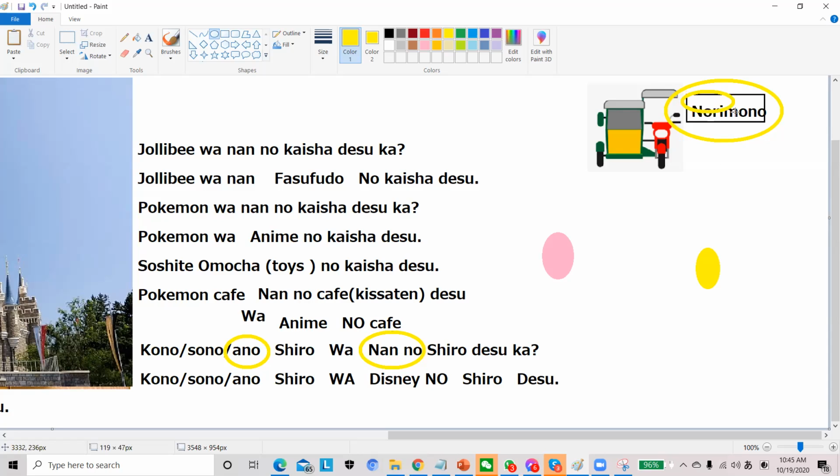Then norimono desu ka, because you're asking a question. One more from the beginning: Ano norimono wa nano norimono desu ka? Okay, good. Now answer. Eto, Pamela. Norimono wa tricycle no norimono desu.